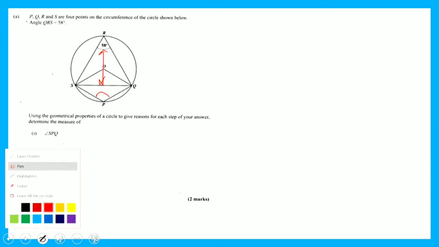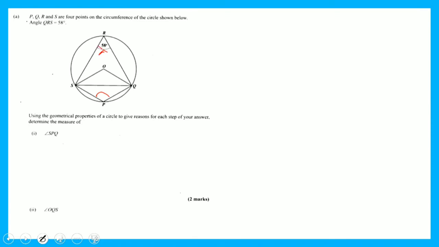And as soon as you look at the diagram, if I know this 58, then I can easily know here. And if I know that angle formed at the center, I can easily know these two because of angles in an isosceles triangle. But anyway, let's continue. It says the angle QRS is 58 degrees, and then it says, using the geometrical properties of a circle, give reasons for each step of your answer.